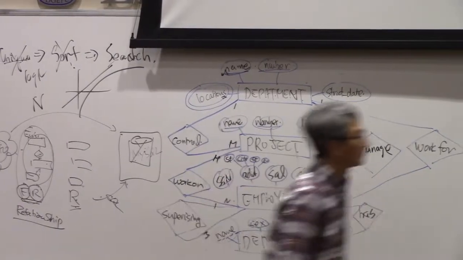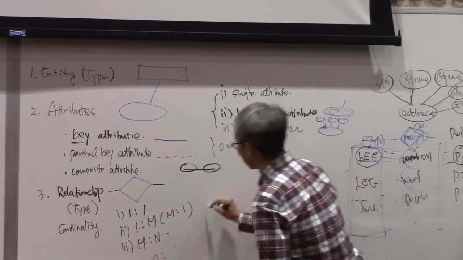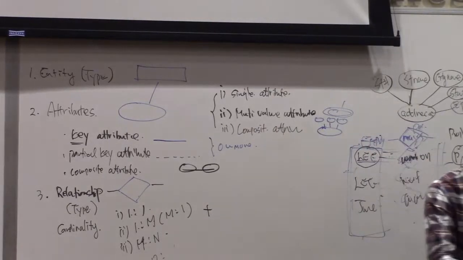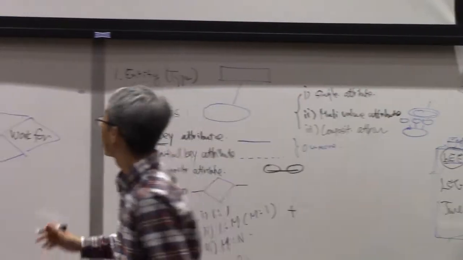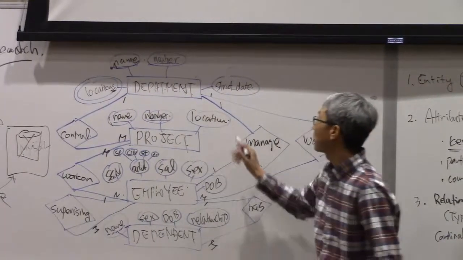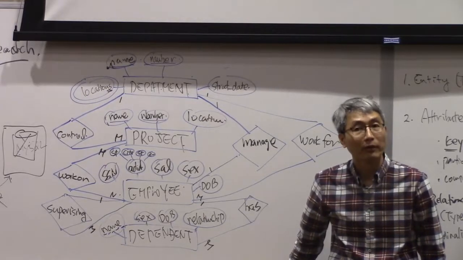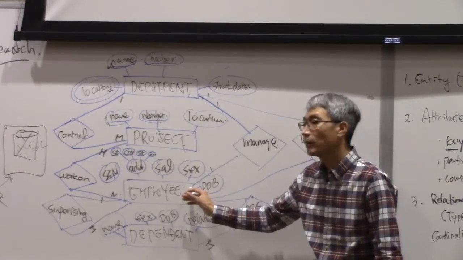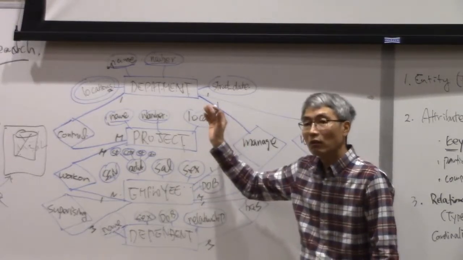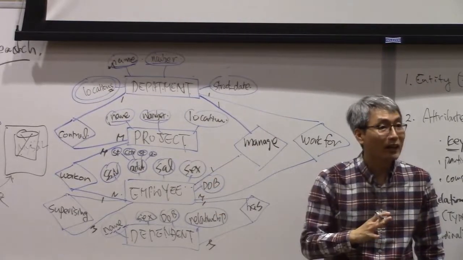There is one more thing. If you read some of the information, like this one, a department should have a manager. It's mandatory. What about the employee? Does every employee have to be a manager? Some of them are managers, some of them are not.